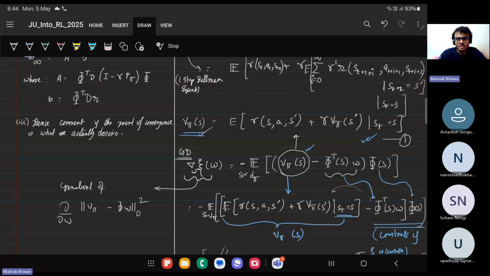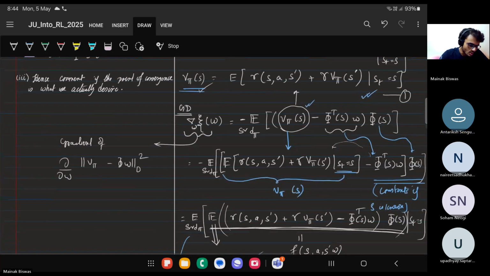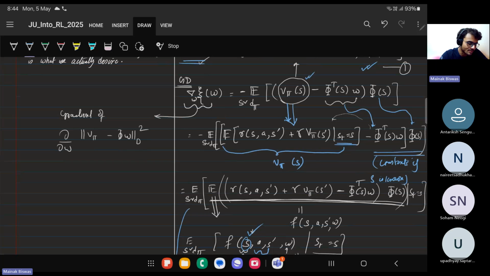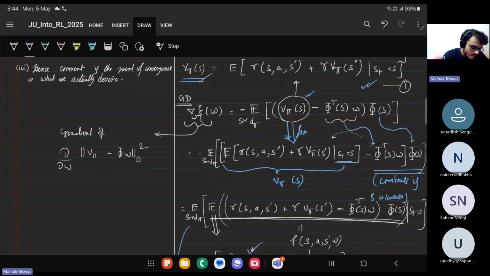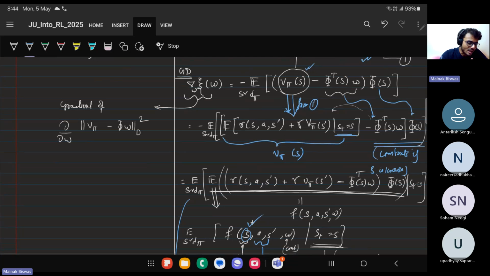That is also fine. From second step to third step, please explain once. Okay, so I just put the v pi of s over here. That is also clear. You told me I put the value of v pi from the Bellman equation from 1. So I put the value here, and now what am I doing.